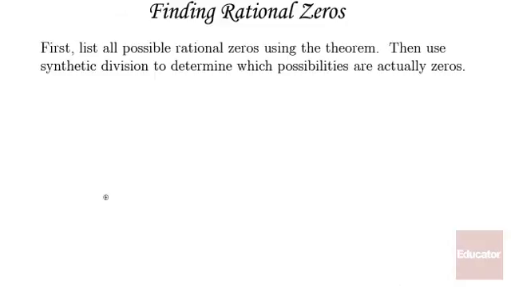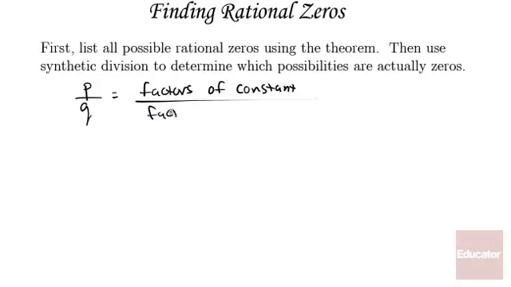Okay, to sum up, if you're looking for rational zeros, list all possible rational zeros using the theorem. And the theorem says that P over Q equals the factors of the constant over the factors of the leading coefficient.